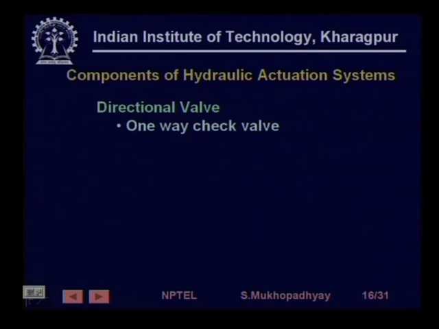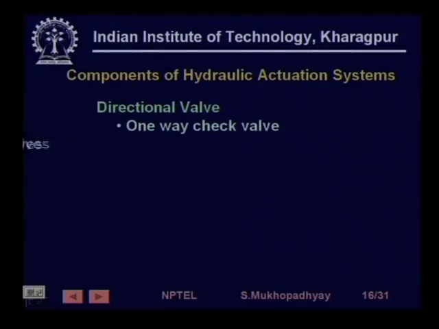Typically we need various kinds of valves for this, and one of the major categories of valves is called directional valves, whose job it is to control the direction of the flow. So, which way will it move? That is the flow direction, because the flow direction is very much related to the direction of motion.